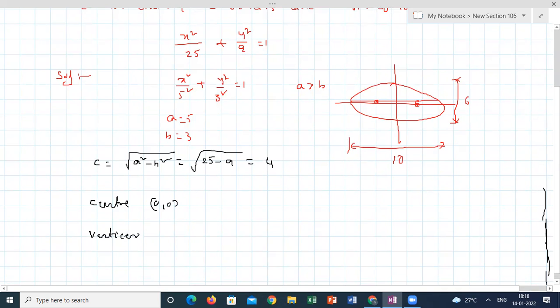Vertices are plus or minus a comma 0, that is plus or minus 5 comma 0. Foci are plus or minus c comma 0, that is plus or minus 4 comma 0, because there are two foci and two vertices. Anything we are missing? Length of the major axis.